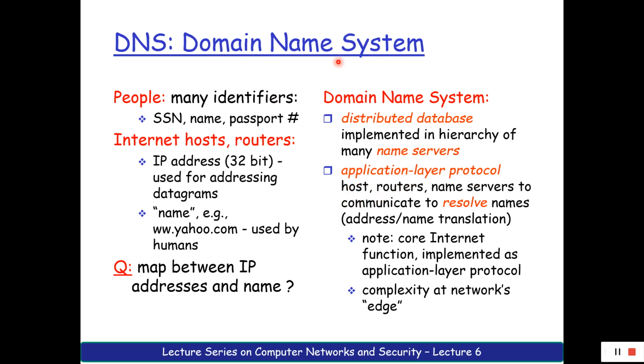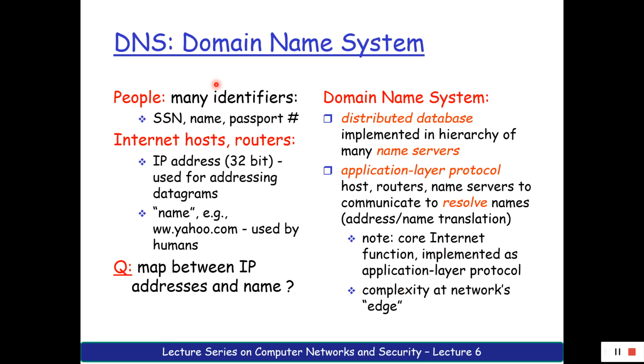Because it is an application layer protocol, it will be running on hosts. It can run on certain routers and on the name servers, so that they can communicate to resolve those names. So it has certain complexity at the network edges, but it can be managed.